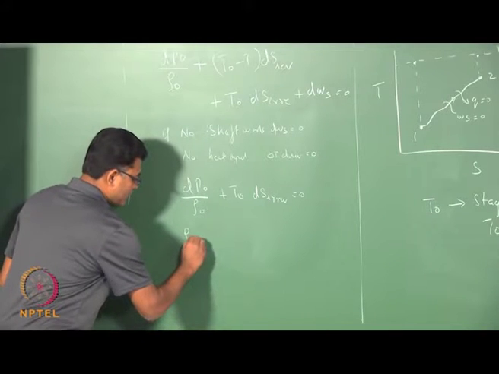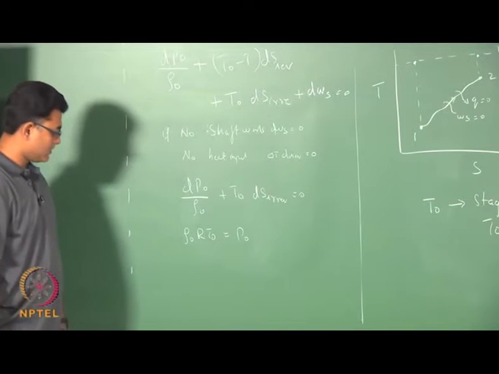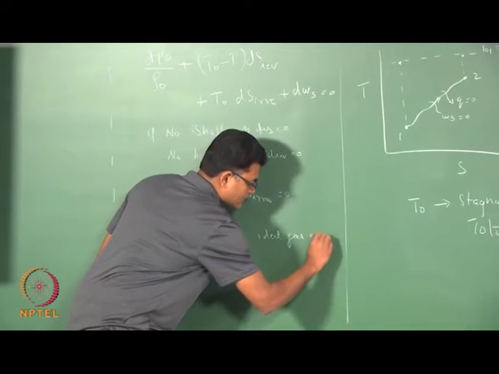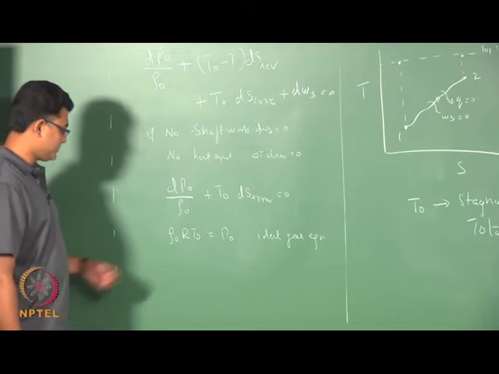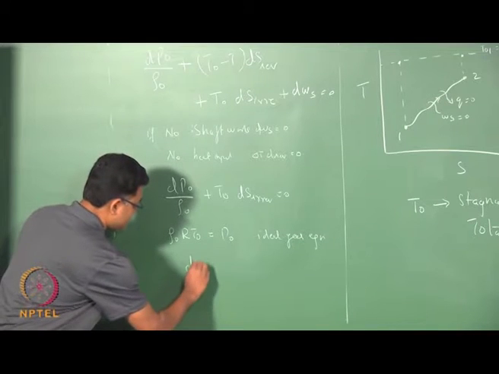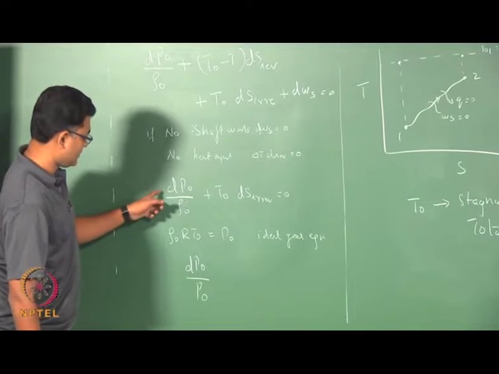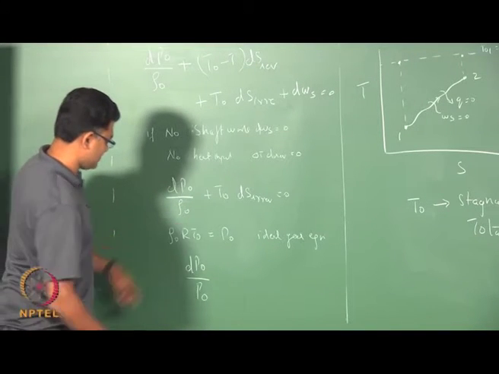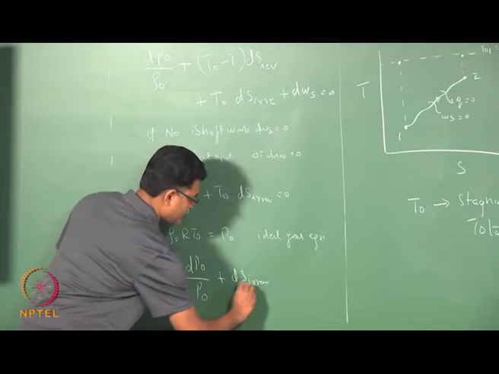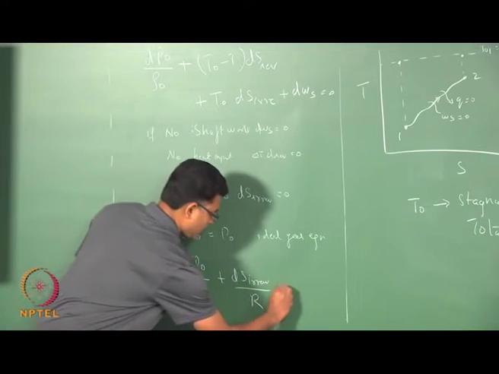Now rho 0 T0 is my P0 by R from my ideal gas equation. So I substitute rho 0 here, I should get dP0 by P0 plus ds irreversible by R equals 0.